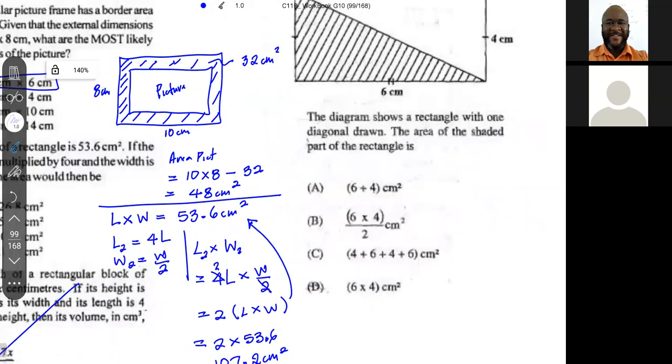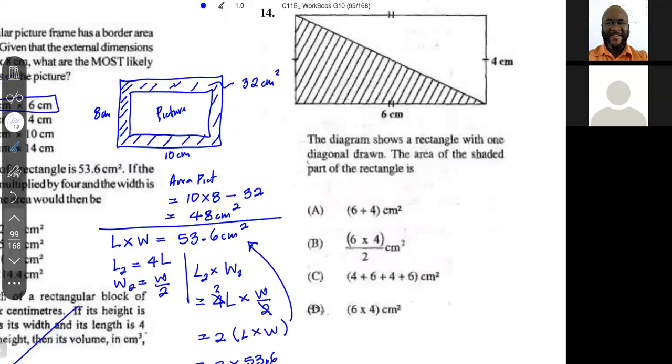Guys, number 14. Number 14 says the diagram shows a rectangle with one diagonal drawn. The area of the shaded part of the rectangle is, well, this is sort of easy. This diagonal divides the rectangle into two equal halves.